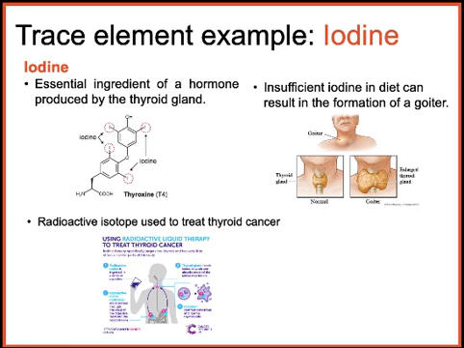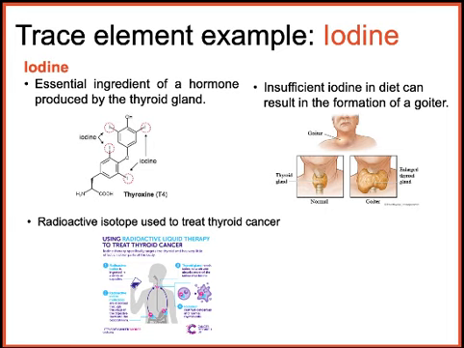Now, something really cool is that radioactive isotopes are used to treat thyroid cancer, okay? So here we have a liquid with some iodine that has radioactive isotopes. The iodine will be absorbed by your gut, and then it'll go directly to the thyroid gland, and it'll attack the thyroid gland and reduce all this big goiter, right?